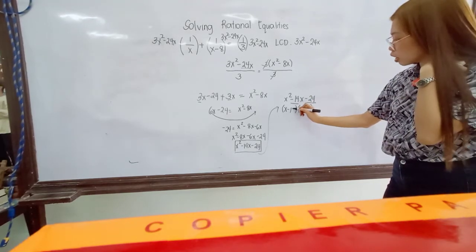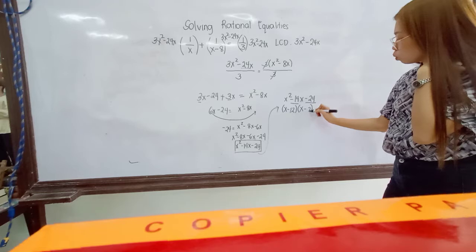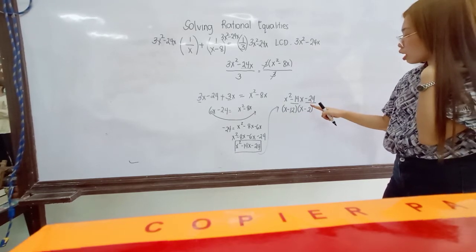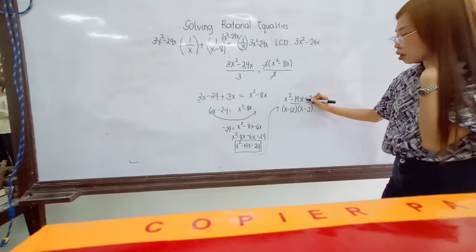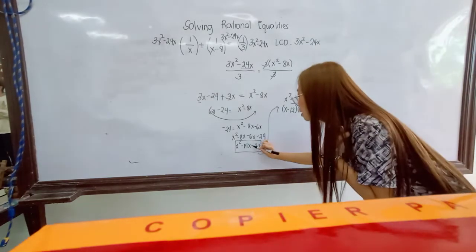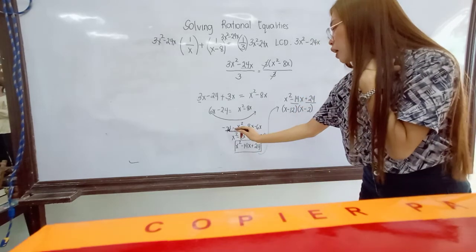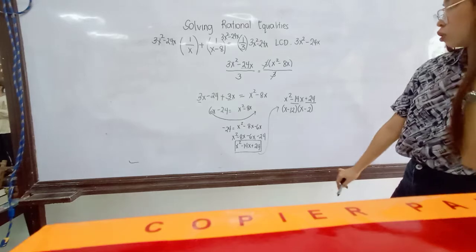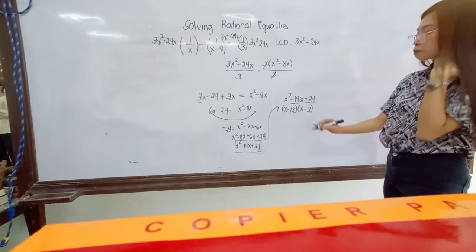So we have negative 12 and negative 2. Negative 12 times negative 2, that is positive, pala. Ay, positive ito. Mali. Transpose natin si negative 24 on the other side, it will be positive 24. Okay, so positive po yan.